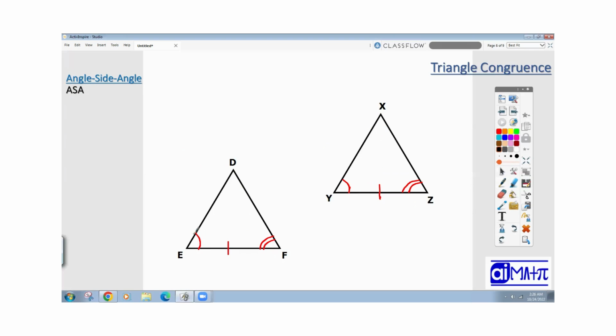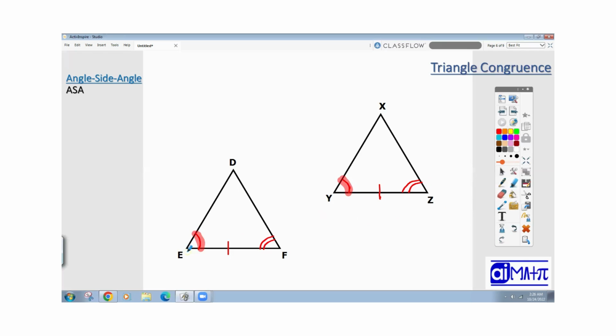And I see angle E has one marking, side EF has a marking, and angle F has two markings here, these two rings. So that's telling me that E and Y match up. Side EF matches up with side YZ, and angle F matches up with angle Z. So when things are in the same position or they match, we say they are corresponding.